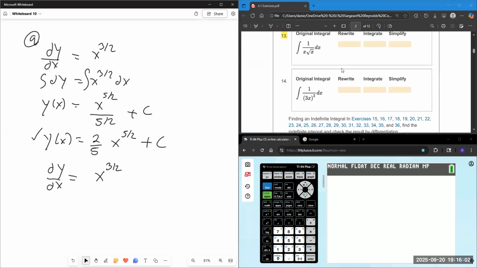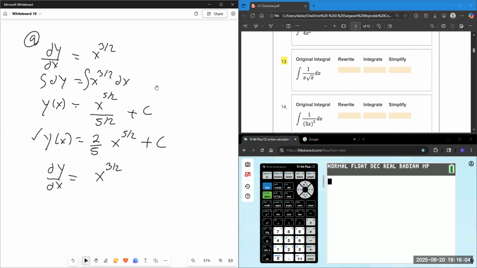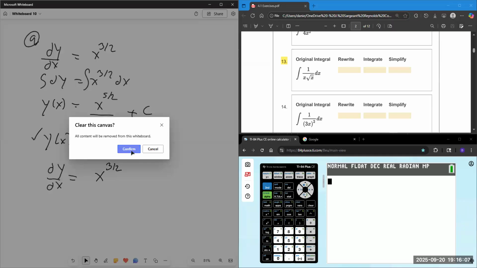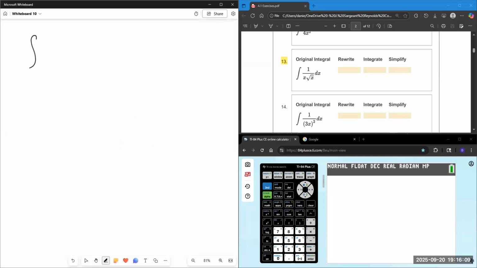Let's look now at number 13. 13 starts off with the integral of 1 over x root x dx. So I'm going to rewrite this. 1½ is 3/2. So this is x to the negative 3/2 in the denominator, right? Coming up to the numerator, we change the sign of the exponent.